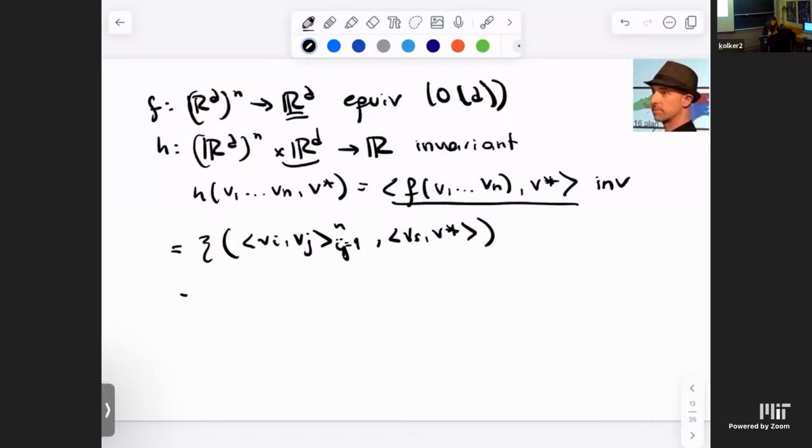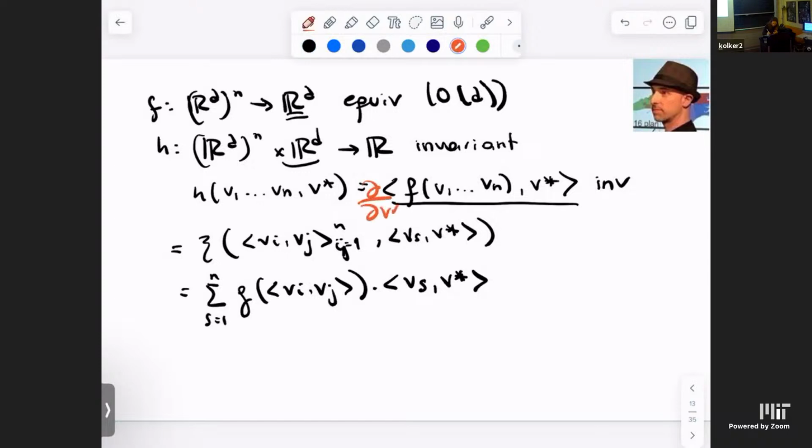Then this is going to be a sum from s equals 1 to n of some other functions, let's call them G's, of Bi, Bj's times Bs, B star. When I take the derivative with respect to B star, all these cancel out, and I get the formulation that I had before.